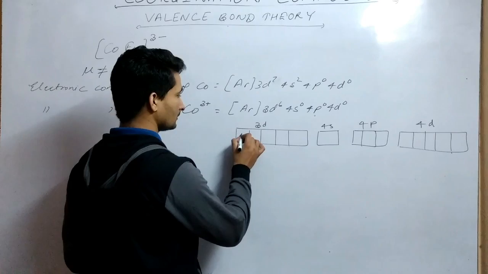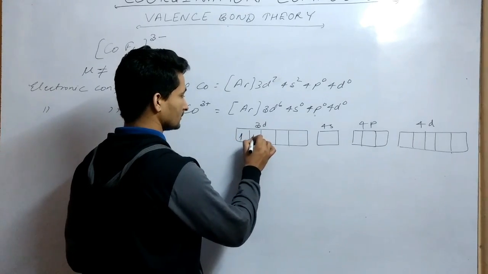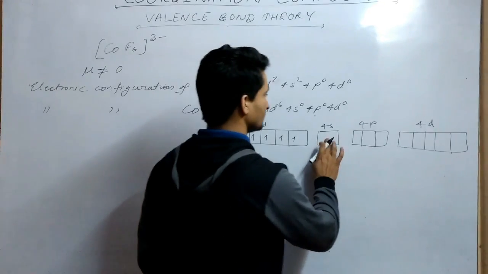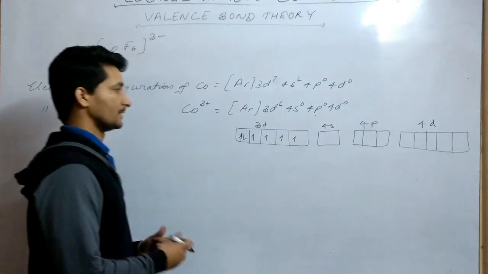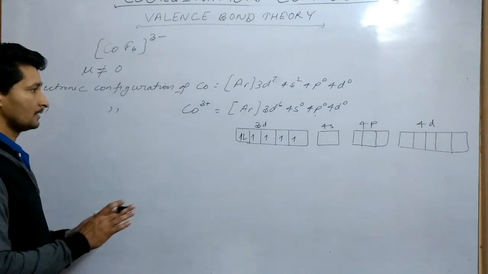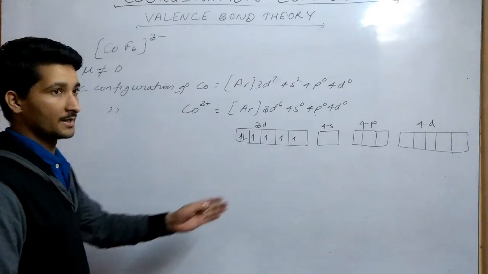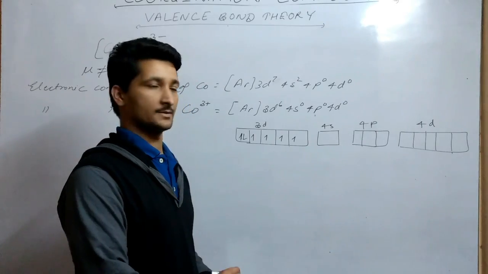Now fill the electrons 1, 2, 3, 4, 5, 6. It is empty, and all these are empty. Now, because there is some net magnetic moment, definitely pairing will not take place.